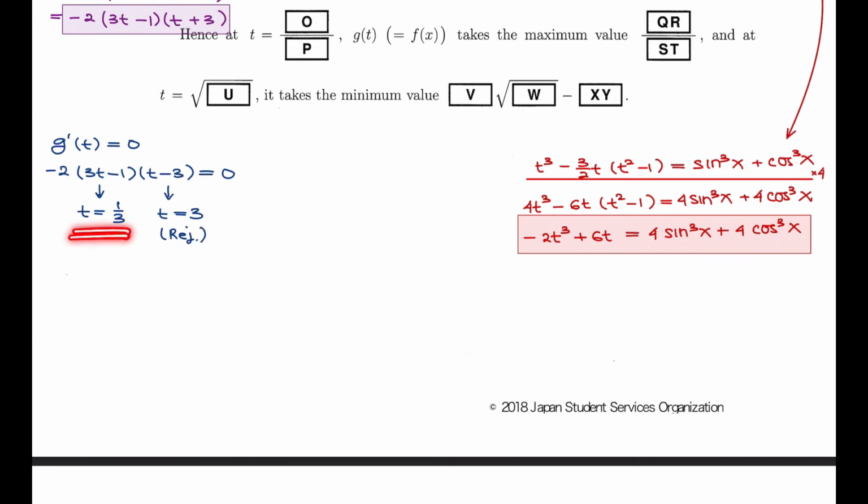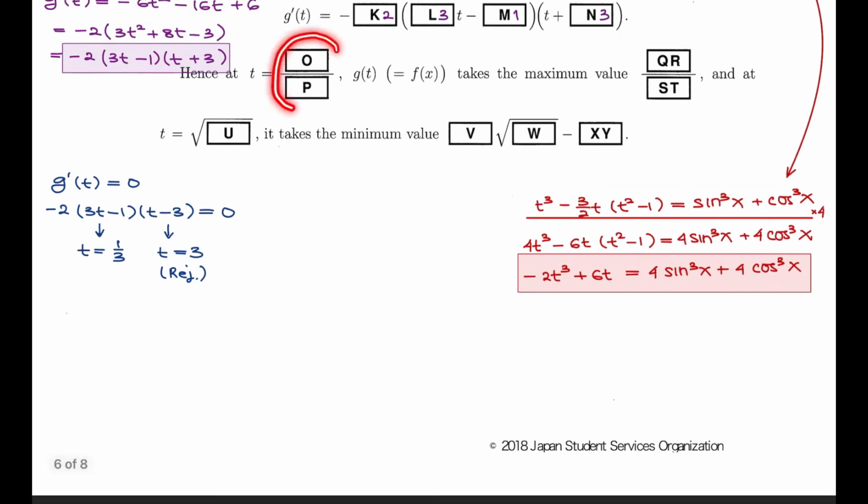So we only take this. So the value of t from this form, I can conclude that O and P is 1 over 3 without checking further. Because this form is O over P, so I already know that O over P is 1 over 3.